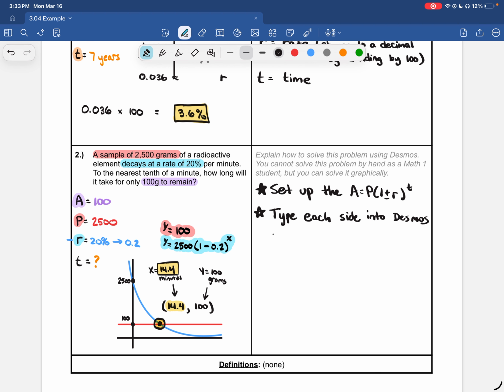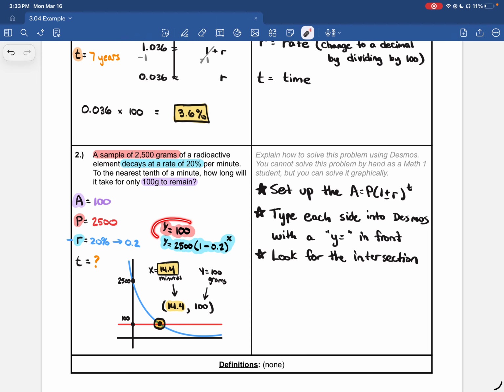Then type each side into Desmos with a Y equals in front. And then look for the intersection. Anytime you want to solve an equation, you can type both halves of the equation into Desmos with a Y equals in front. The Y equals is really important whenever you've just got a number and no X.